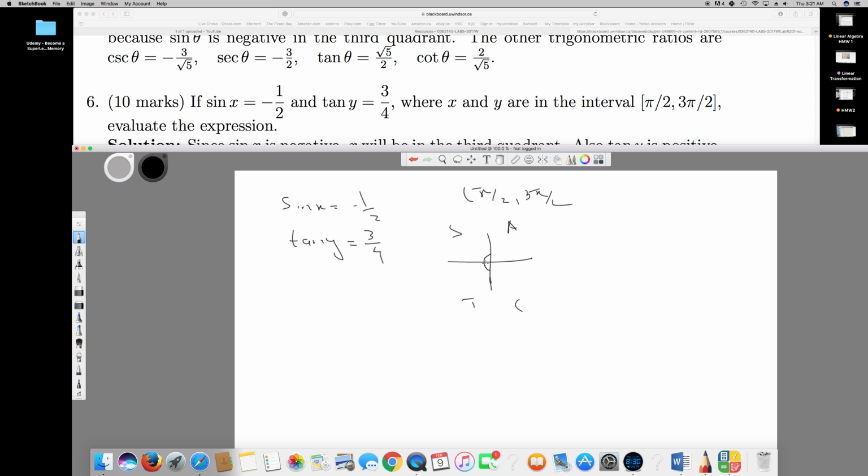So first let's put the x right here. They have given sine x is equal to minus half.